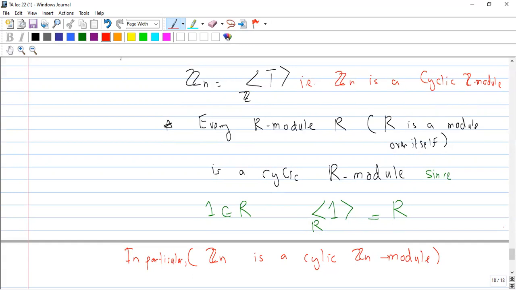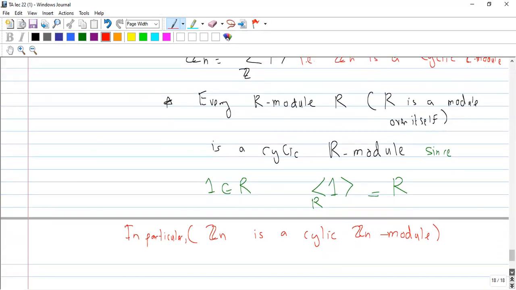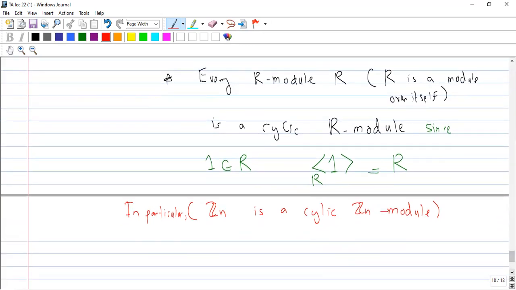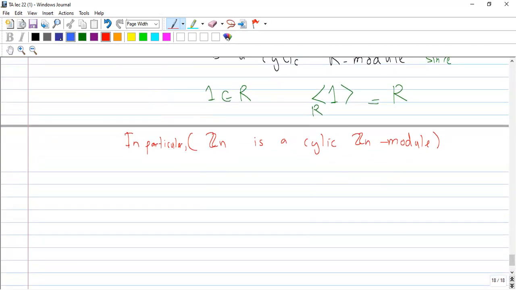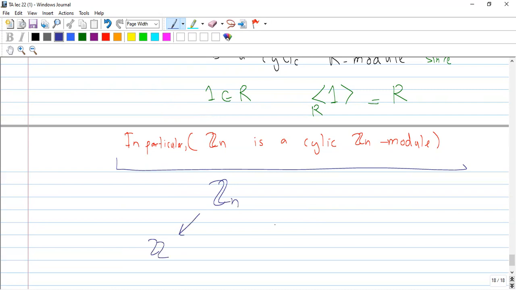In fact, their submodules are also the same, if you look at it closely. You will find that Zn has two module structures, it is a module over Z and it is also a module over Zn.